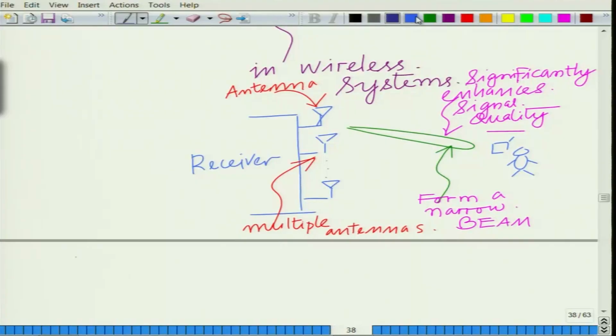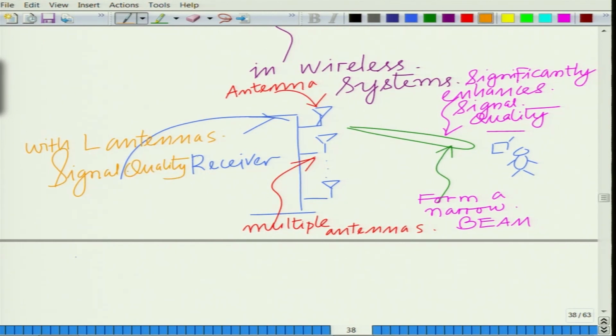So, theoretically, with L antennas, signal quality increases by a factor of L.